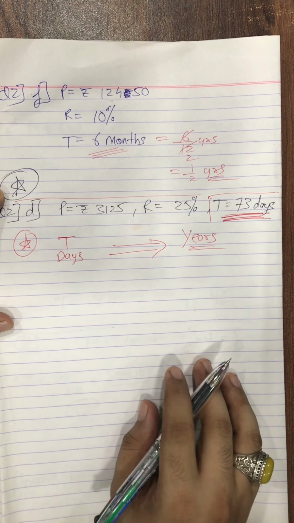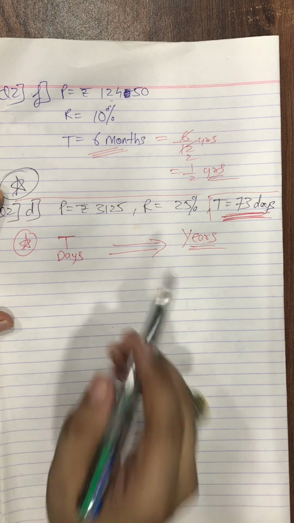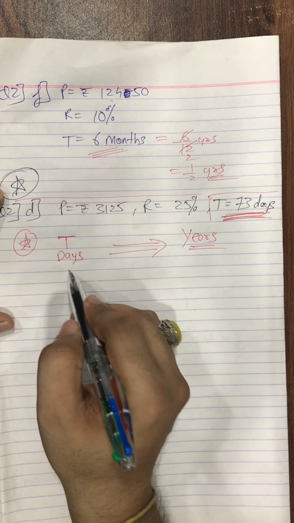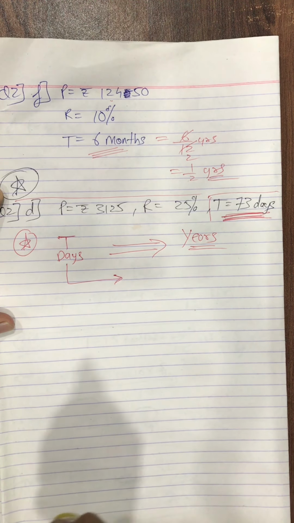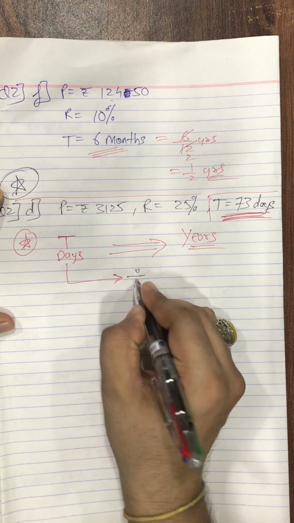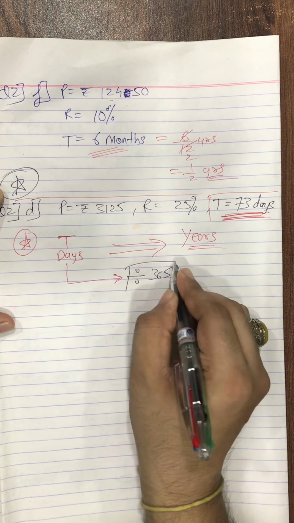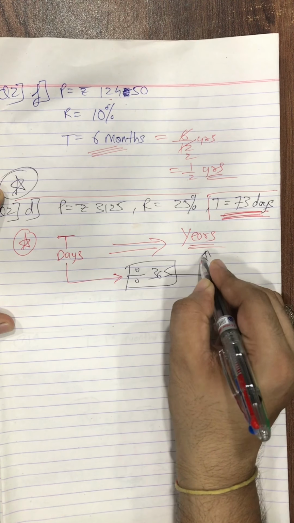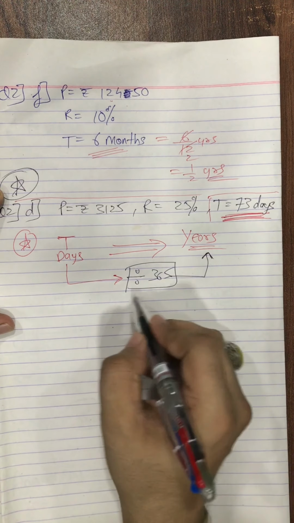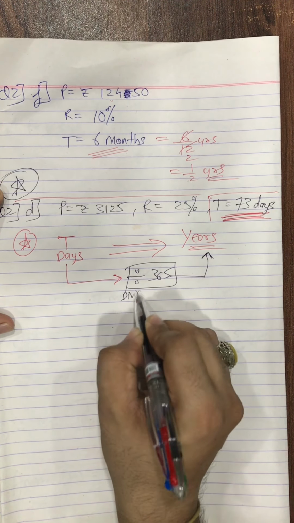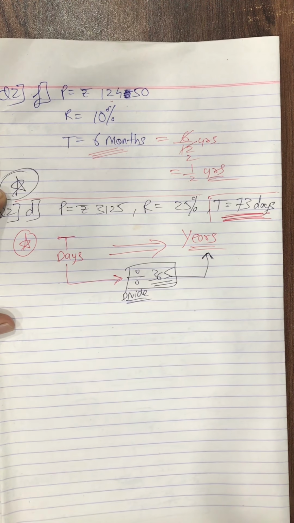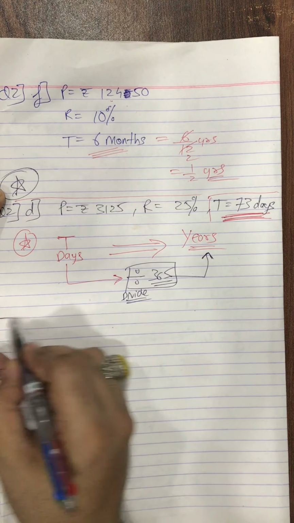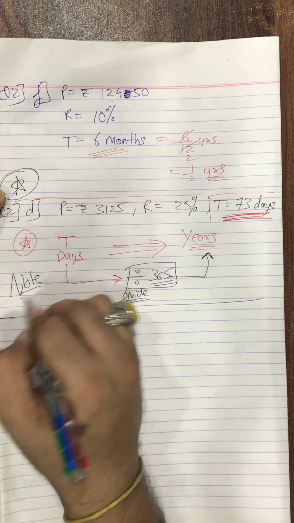So by default you have to consider 365 days. Whenever the time period is given in days, just divide it by 365 and you'll get the time period in years. This is a very, very important note, students.